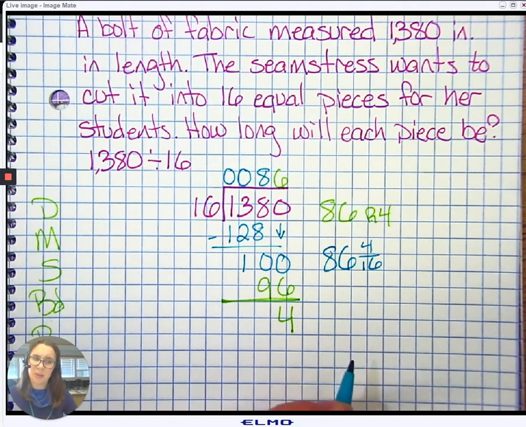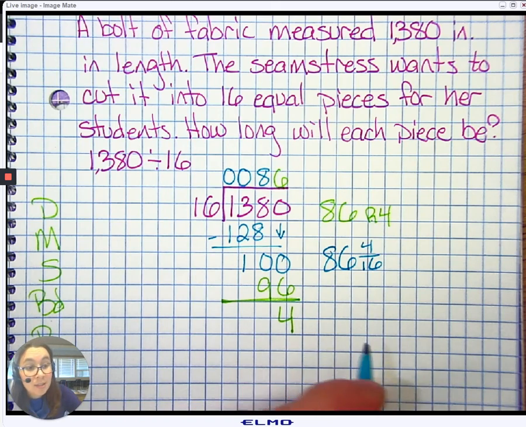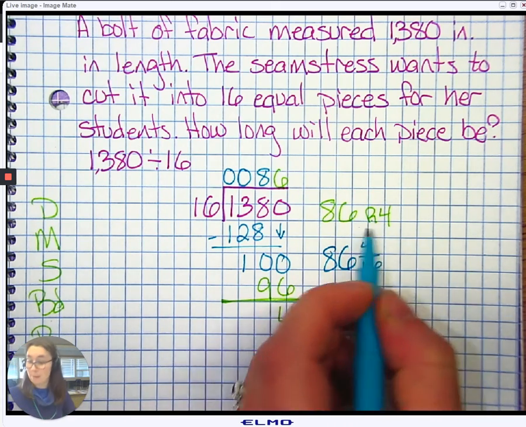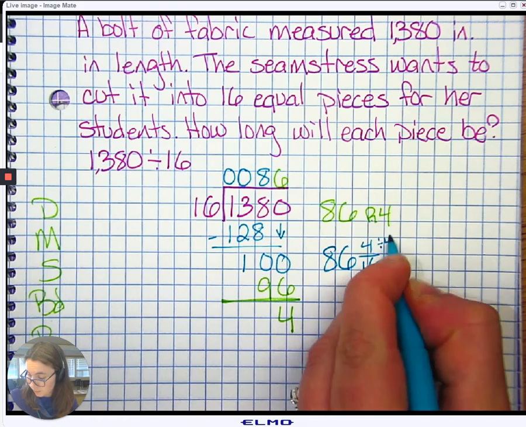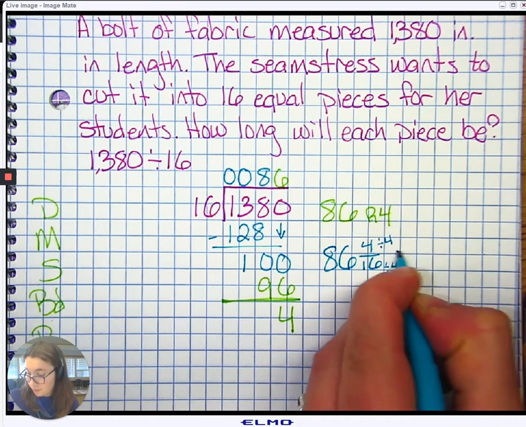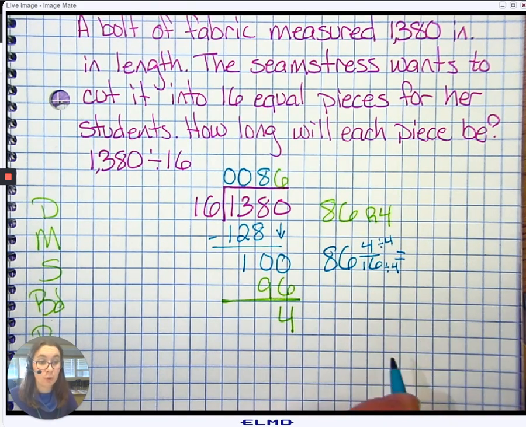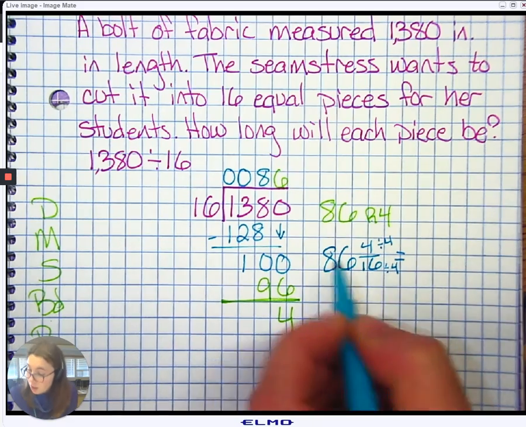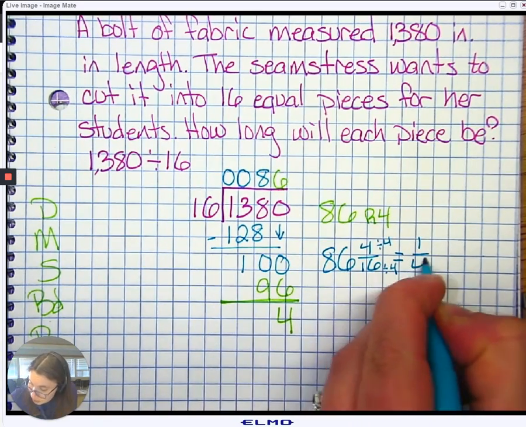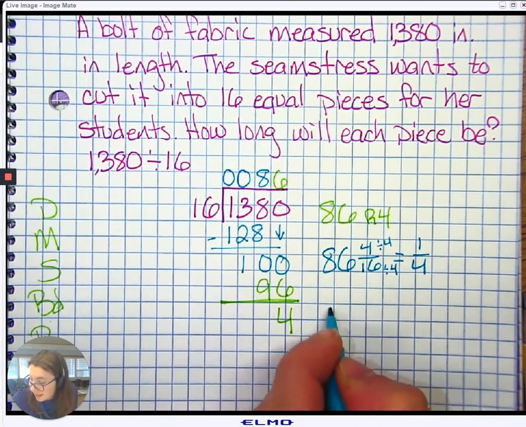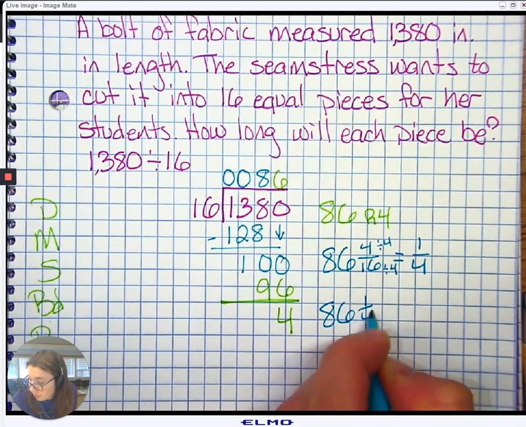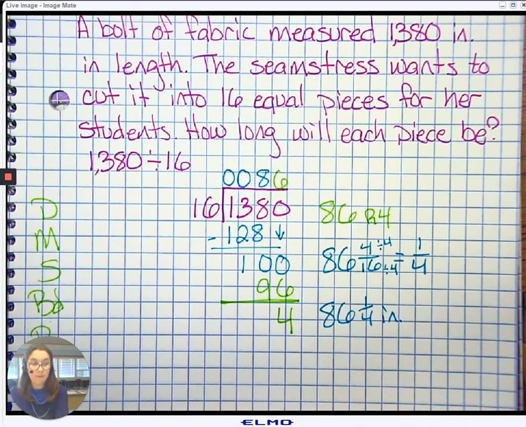Now 4 16ths is not the prettiest of fractions in the world, but there is one much better. If I divide both top and bottom by 4, reducing fractions, it should be reviewed, but we'll go over it in a couple weeks anyway. I end up with 1/4. So each student gets 86 and 1/4 inches of fabric.